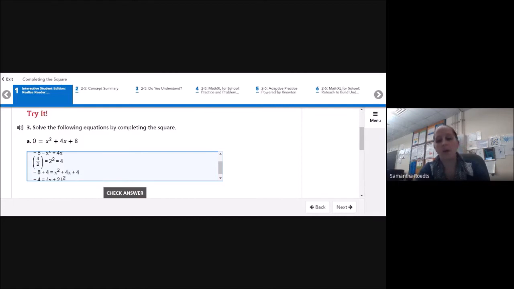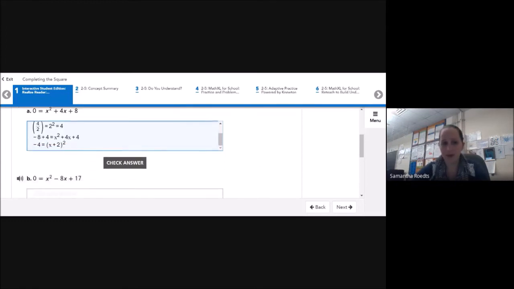I remember the root of 4 is 2. That's where we got the 2 squared right here. Okay. From here, I'm going to square root both sides. So I'm going to take the square root of negative 4 equals the square root of x plus 2 squared.